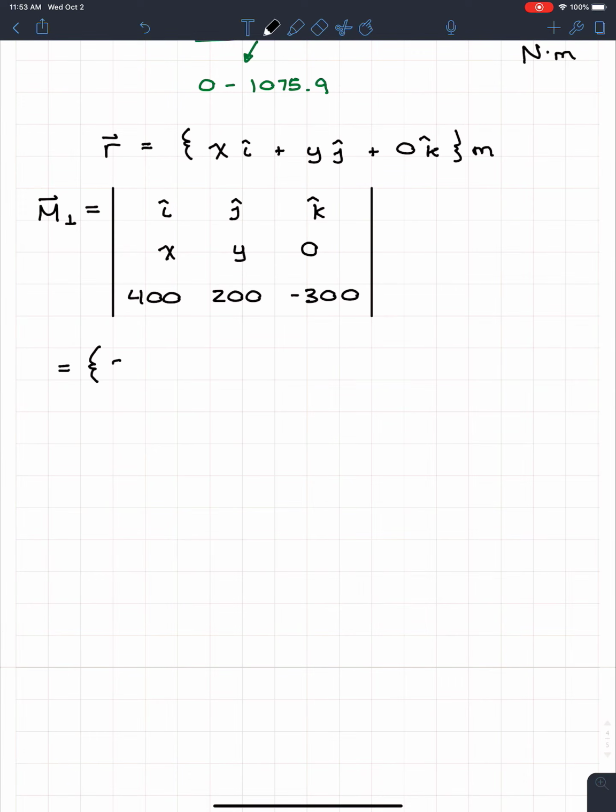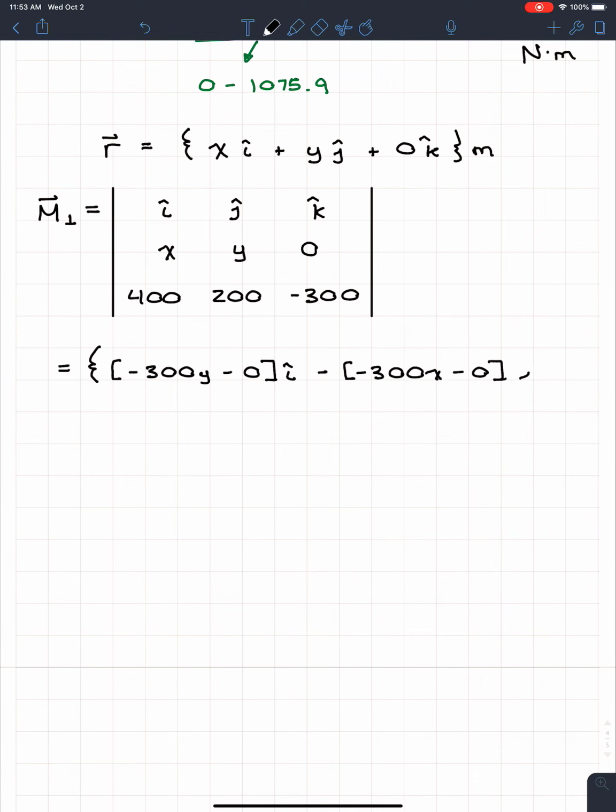Let's just go through it real quick, and what we're going to get is something like this. Looking at the i components, we're going to have negative 300y minus 0, and that's in the i direction. Then we stick with the sign: the j component starts with the negative, and it's going to be negative 300x minus 0.